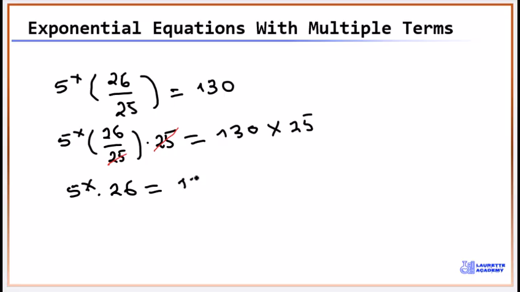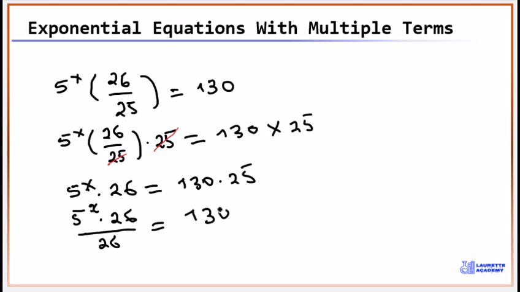We still leave it as 130 times 25. We now divide both sides by 26. So we have 5 raised to the power x times 26 divided by 26 is equal to 130 times 25 divided by 26.